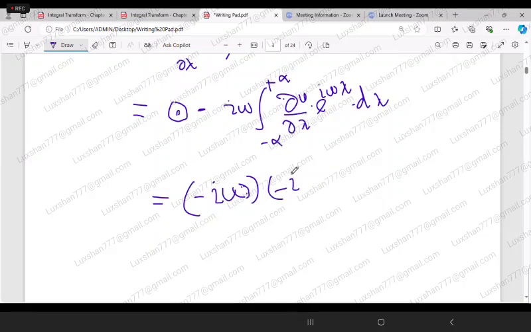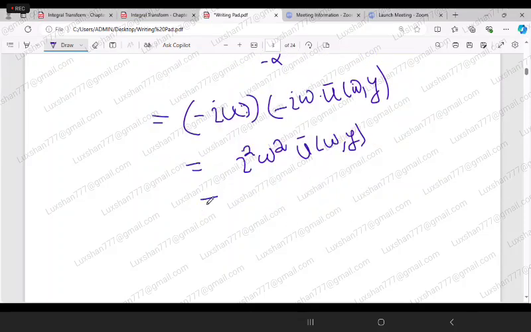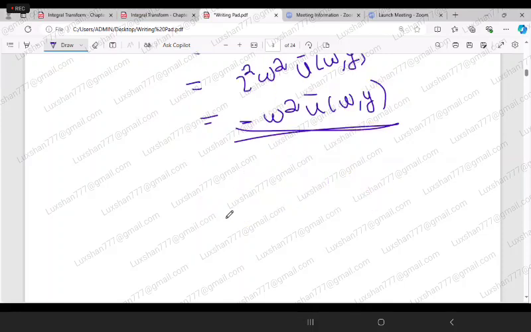So minus minus gives us i squared ω squared ū(ω, y). Since i squared is minus 1, this is equal to minus ω squared ū(ω, y).